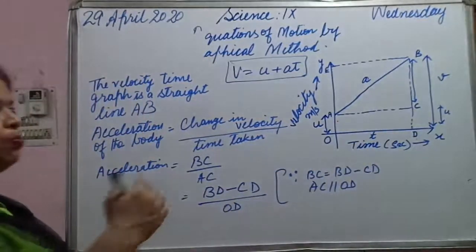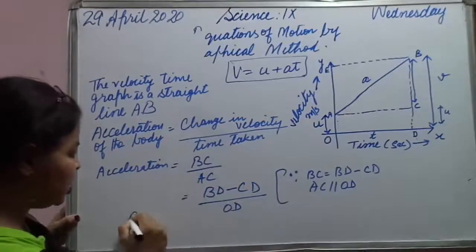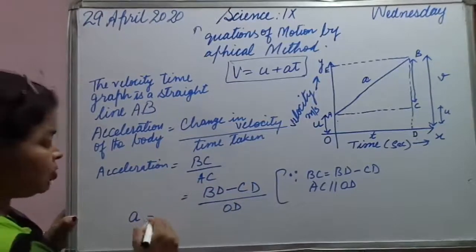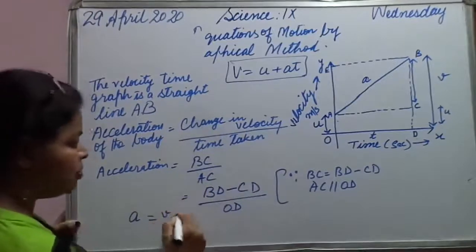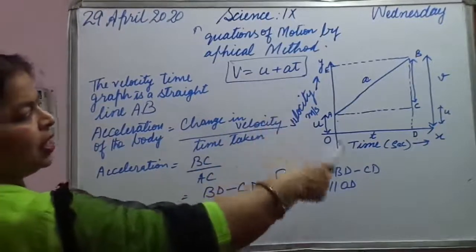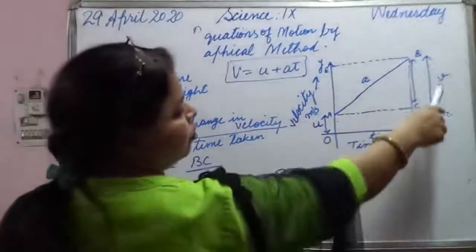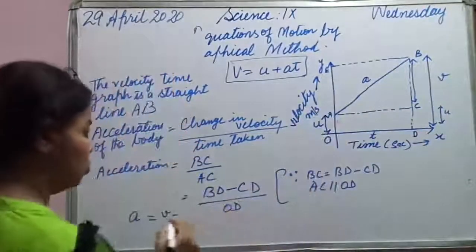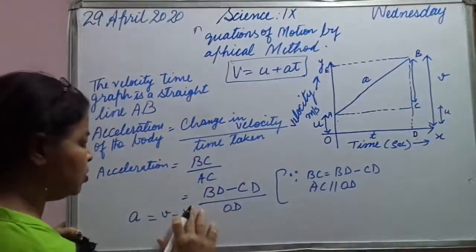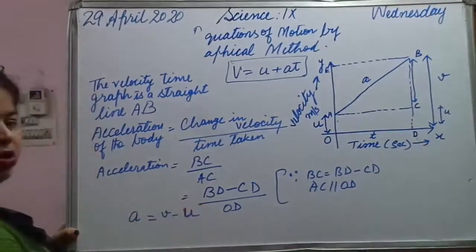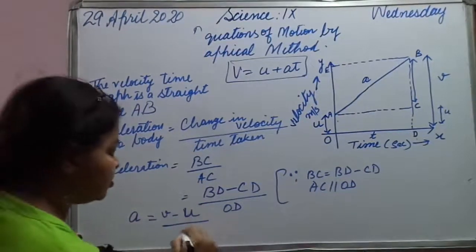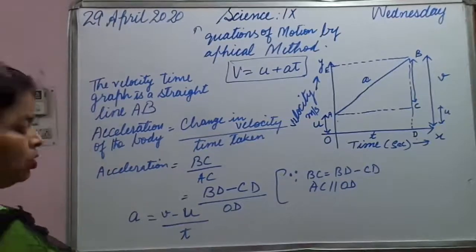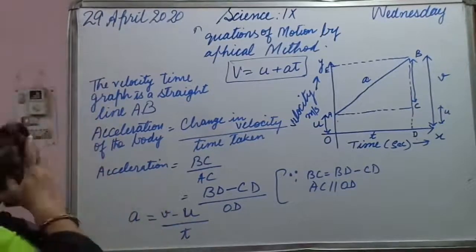Now let us put the values. Acceleration A is equal to, what is the value of BD? It is V minus, what is the value of CD? BD is this V and CD is U. And what is the value of OD? It is T. Now after this, what will we do?